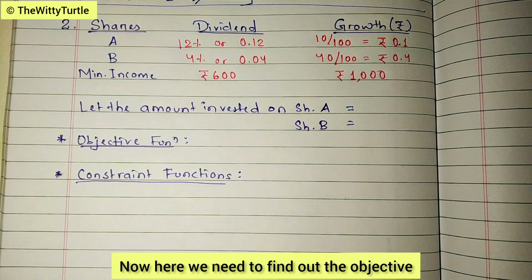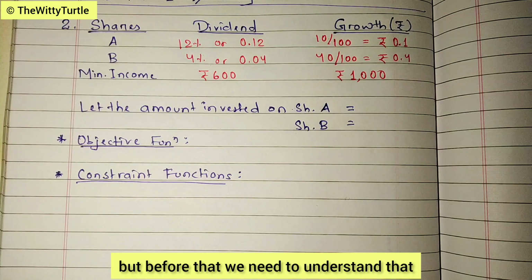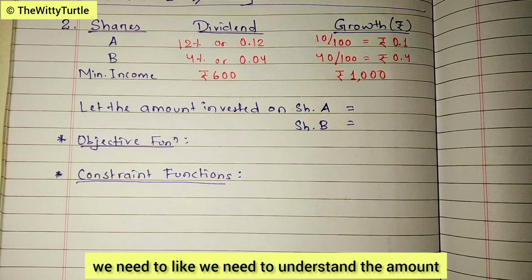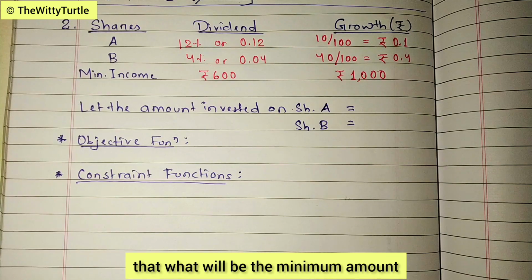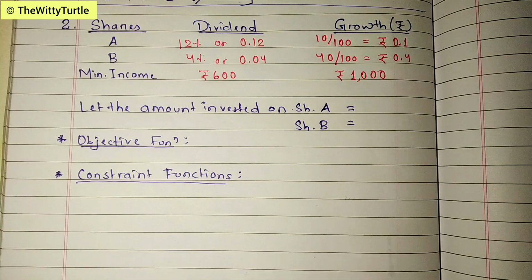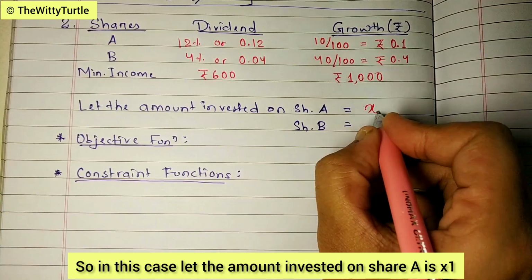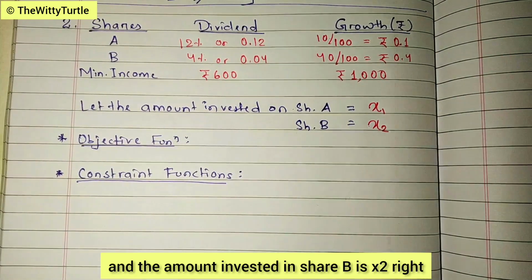Now, here we need to find out the objective function and constraint functions. But before that, we need to understand the amount that is to be invested. So we need to decide what will be the minimum amount that has to be invested. Let the amount invested in share A be x1 and the amount invested in share B be x2, right?